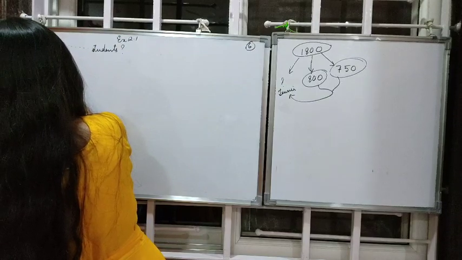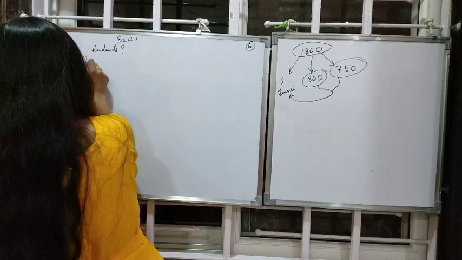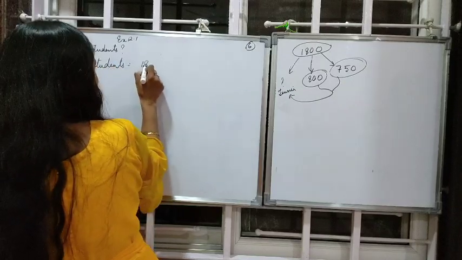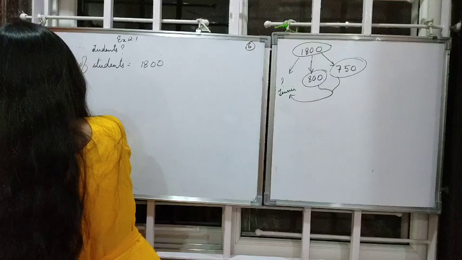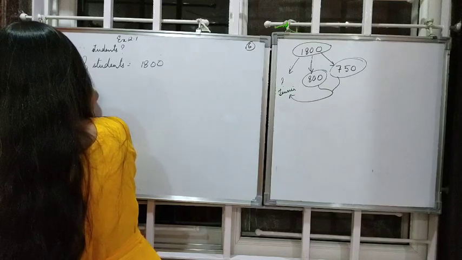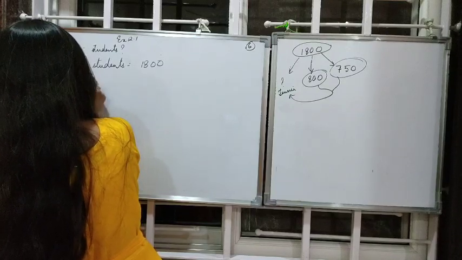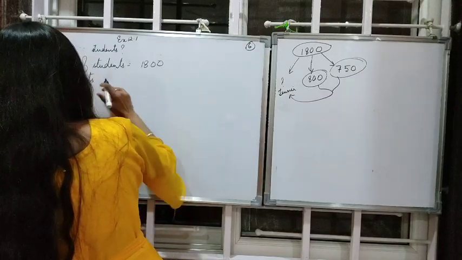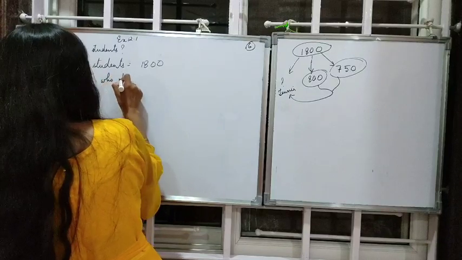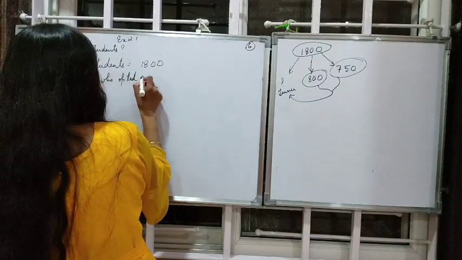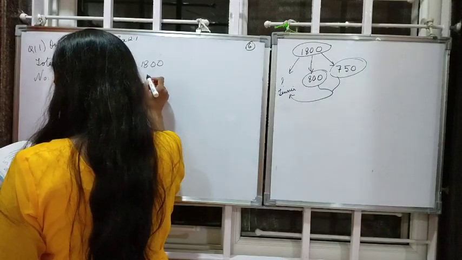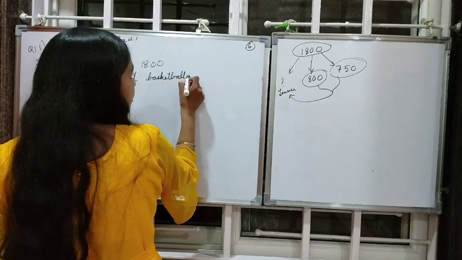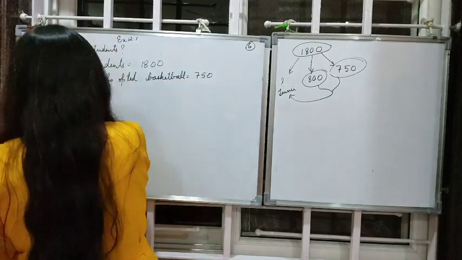So the total number of students is 1800. The number of students who opted for basketball is 750.